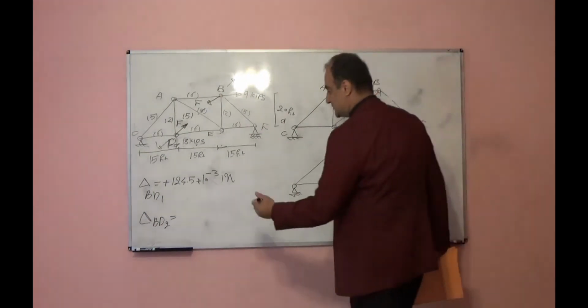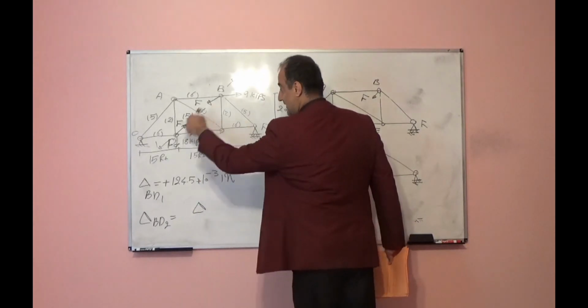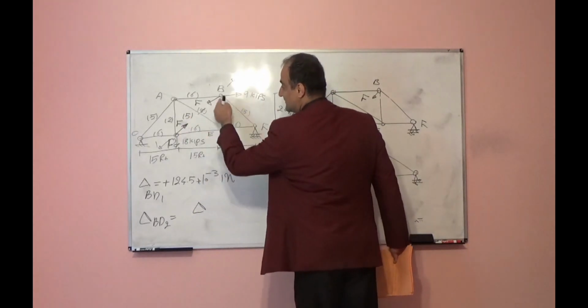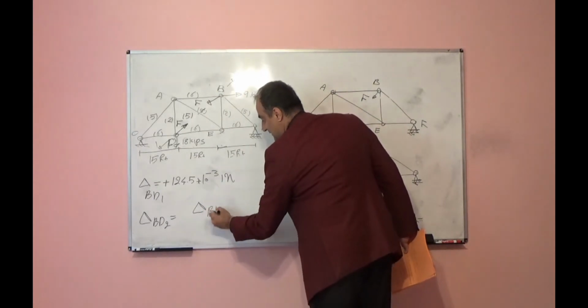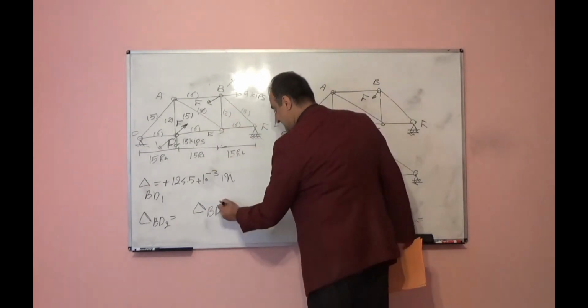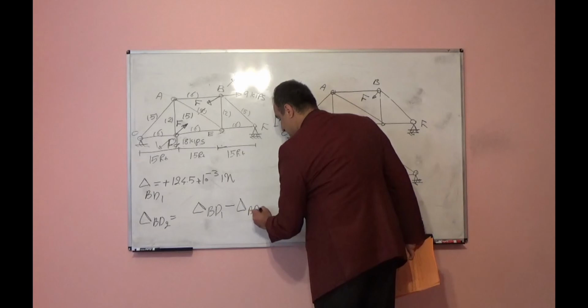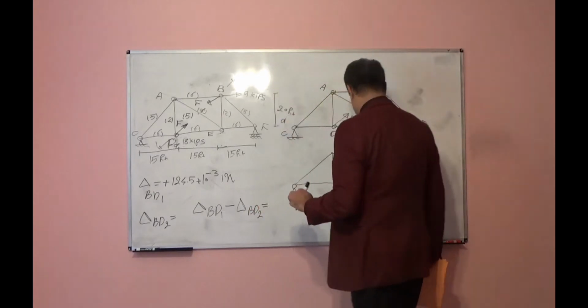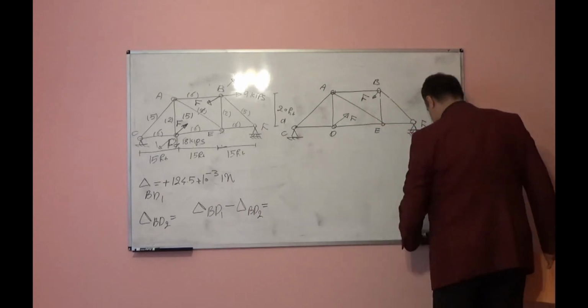Finally, in reality, how can we find this internal force? The relative displacement of B with respect to D at the first step minus the relative displacement of B with respect to D at the second step is equal to the elongation in that member.